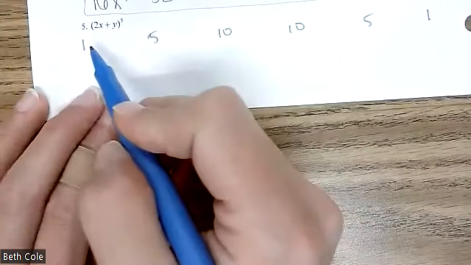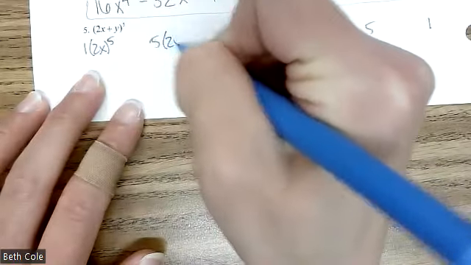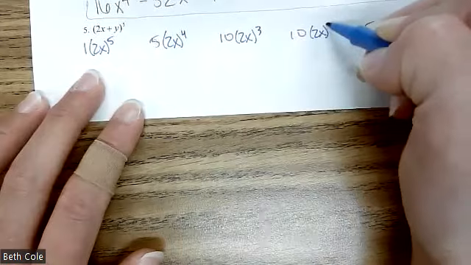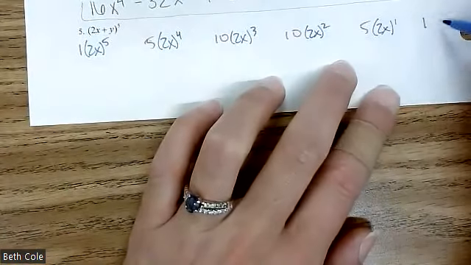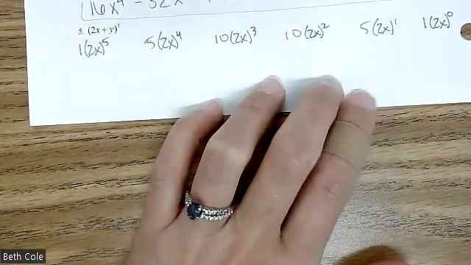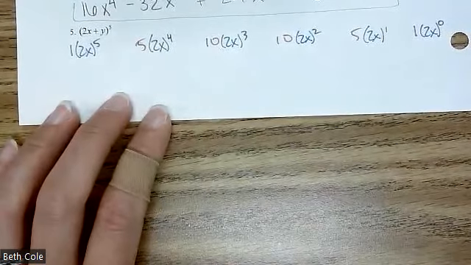All right, so what goes first here? 2x to the fifth, good. And then 2x to the fourth. And then 2x to the third. And I'm going to be quiet because that's annoying. I know, I'm sorry. I feel really bad about that, but you need to be able to put it in a binder.